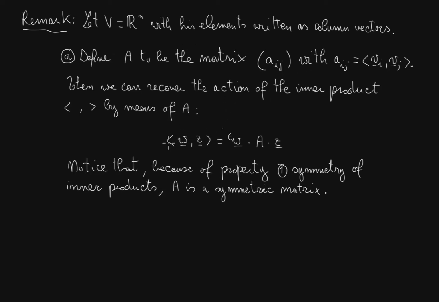Indeed, we can write explicitly the expression of w times z in this form. We take the vector w, which is a column vector, we transpose it, it becomes a row vector, and we multiply on the right by the matrix A, and then again on the right by the column vector z.